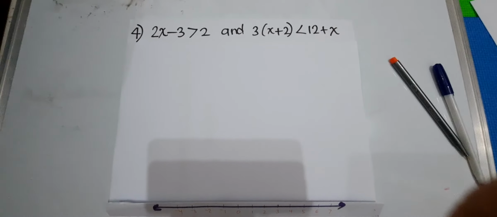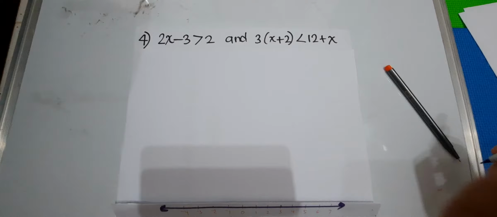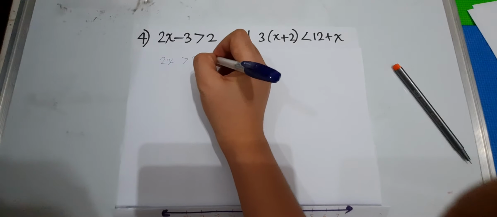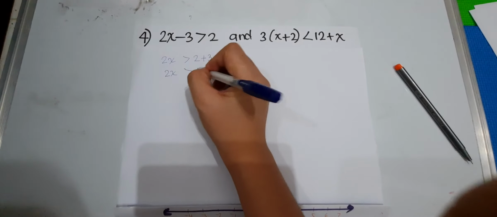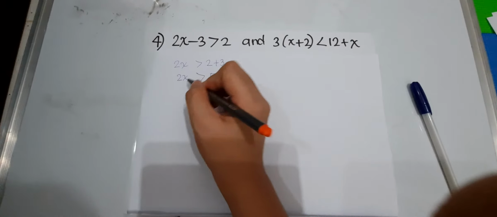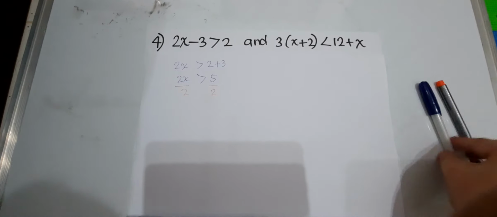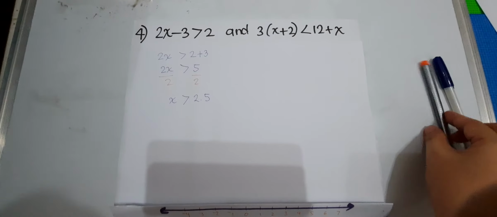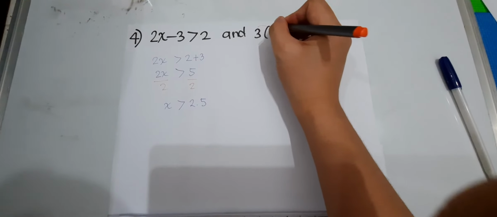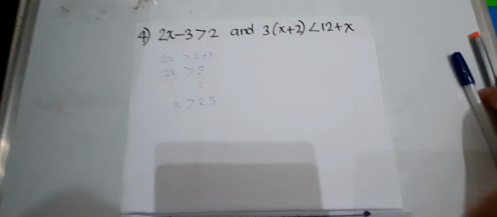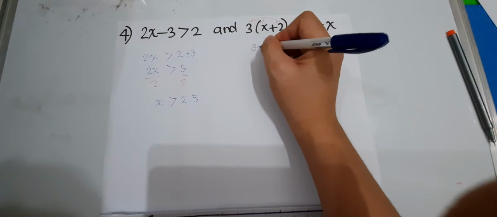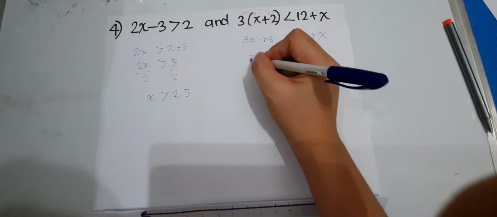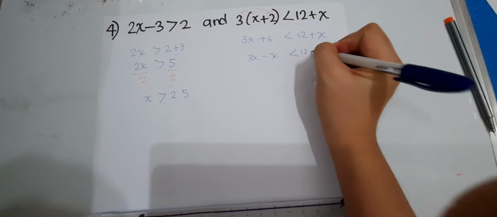So let us have our last example. Again, we will solve them individually. So 2x greater than 5. We will divide both by 2. So x is greater than 2.5. First solution. Now next here, there is a bracket. So we'll remove first the brackets by multiplying. So 3x plus 6, 12 plus x, combining all x's together and numbers together.